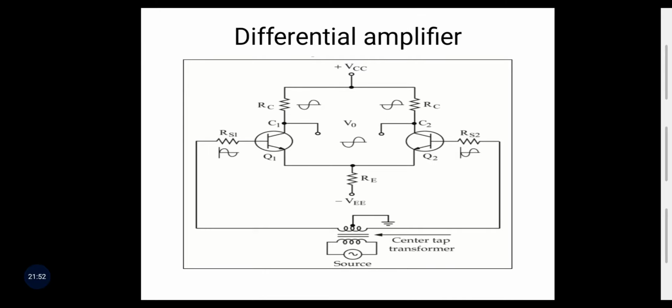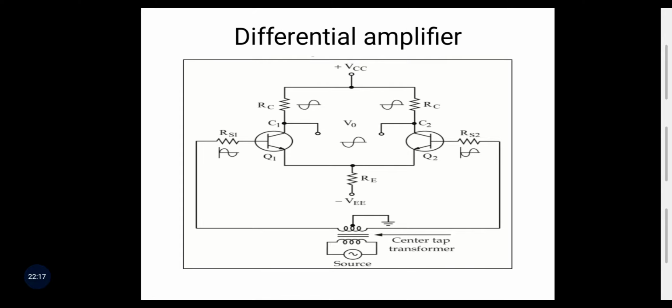Here simply, if you apply a positive voltage to Q1 and a negative voltage to Q2, or the reverse, then at the emitter side across RE, both are the same in magnitude but opposite in phase.